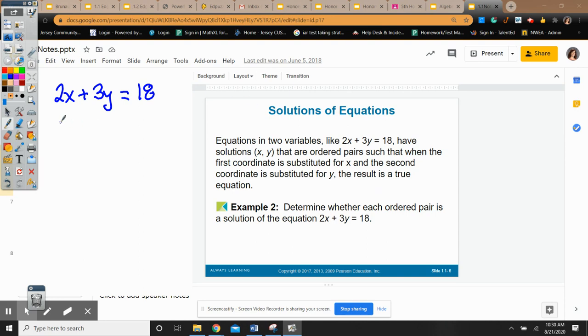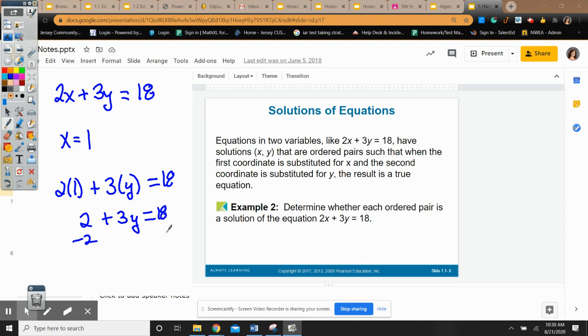So we could say, well, let's say x is the number, so x equals 1. So 2 times 1 plus 3 times something equals 18. So 2 plus 3 times something is 18.